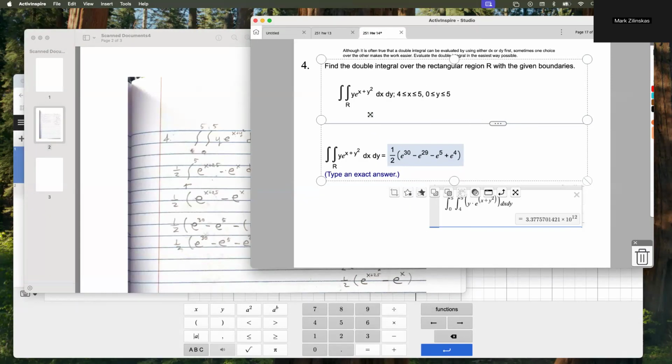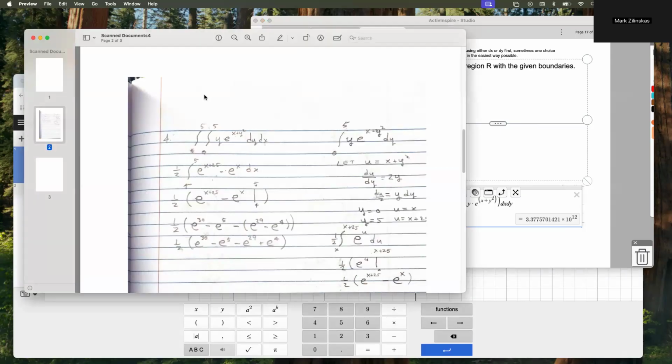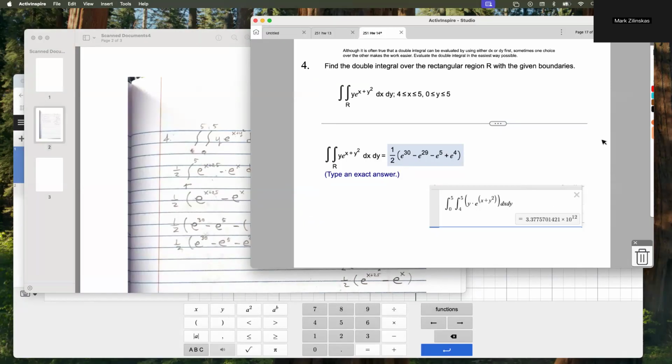They had dx here, so I don't know if you look at that as them tricking you, or trying to lead you astray. But it was very easy to use substitution if I integrated with respect to y first, just due to the nature of the integrand. Okay, so there's another example.